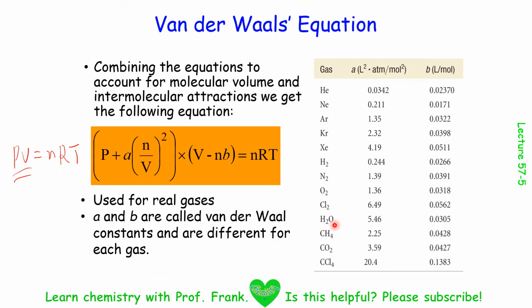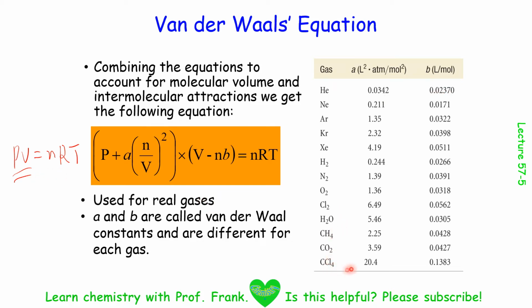Here is a list of those van der Waals constants a and b. For gases with a smaller size, those constants are rather small, so the deviation of the real gas from the ideal gas is smaller.